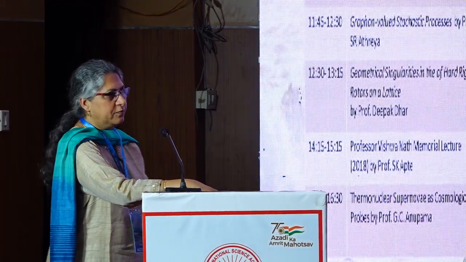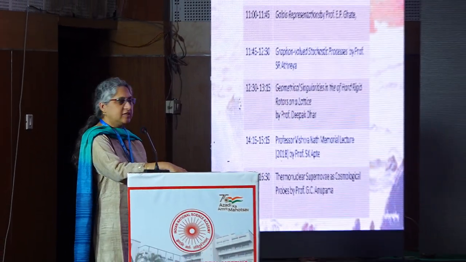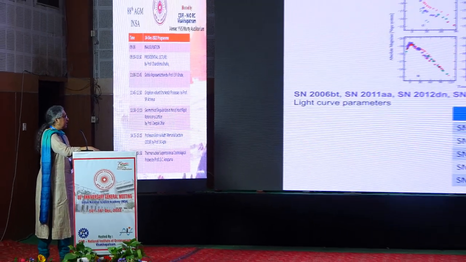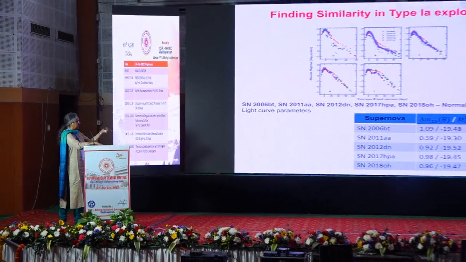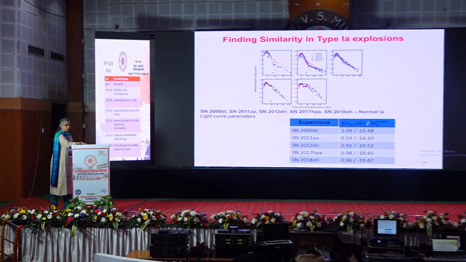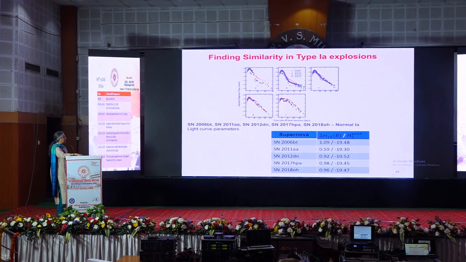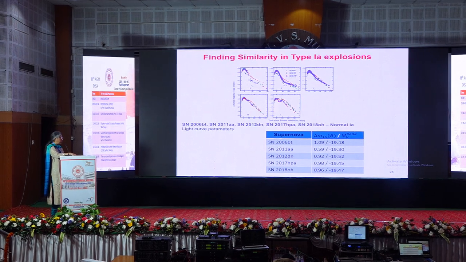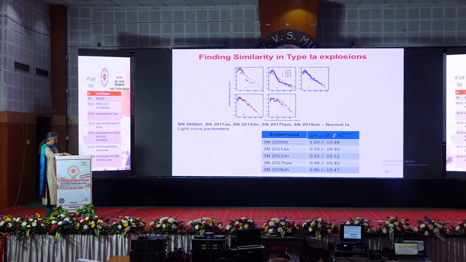So now we are also trying to look at the similarity between the different types of 1A explosions. And this is the work of my PhD student. So what he is doing is that he is concentrating on 5 supernovae, all of them normal type 1A.